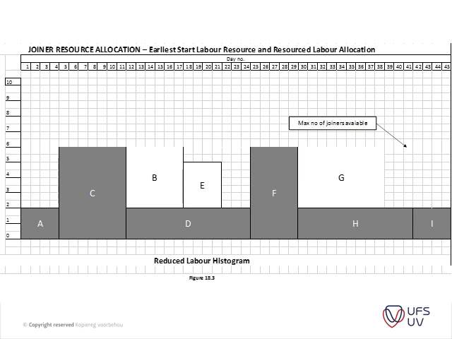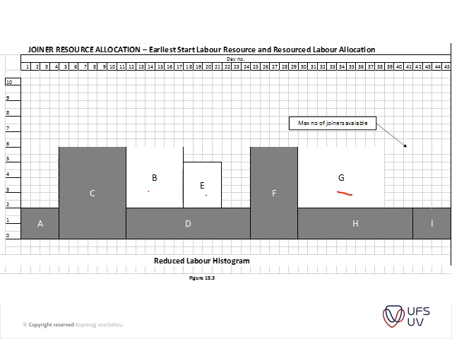Items B, E, and G are drawn out over this section. Basically, instead of having B on top and E and G staggered here, they could move these items to a later stage and level out the peak demand.